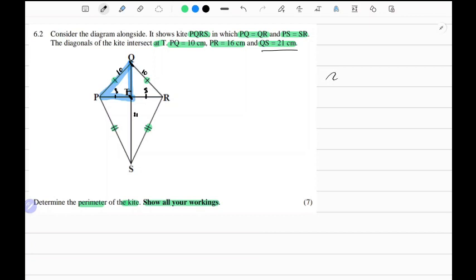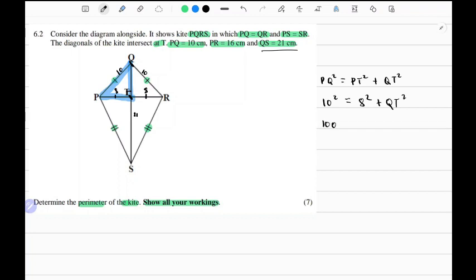So the square of the hypotenuse, PQ squared, is equal to the sum of the squares of the other two sides, which is PT squared plus QT squared, with Pythagoras theorem. So PQ squared is 10 squared and PT squared is 8 squared, and we're looking for QT.